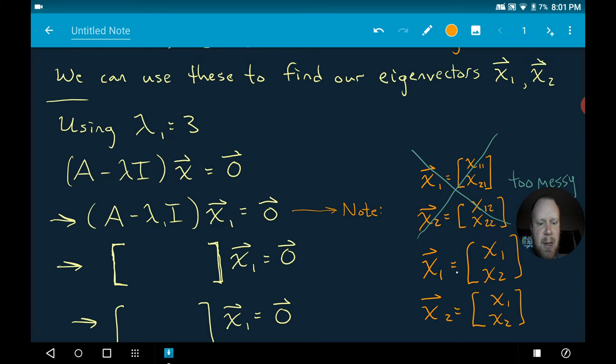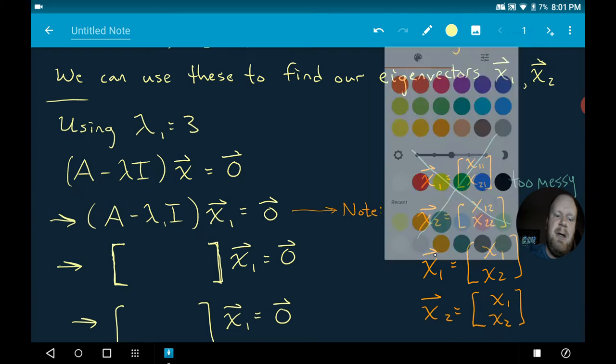But as long as we keep in mind that we're either working with the first eigenvector or working with the second eigenvector, then it shouldn't be a problem. We'll just be able to keep in our heads and we'll know which entries we're talking about. It won't cause any issues unless we try to solve both at the same time or something like that. So anyway, that's the notation we're going to use.